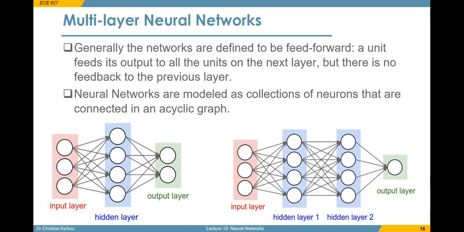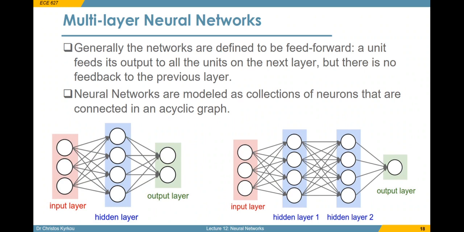In each layer, we have a number of neurons that receive input from the previous layer, perform the neuron operation as we saw in the previous slide, and then propagate their value to all the neurons at the next layer.